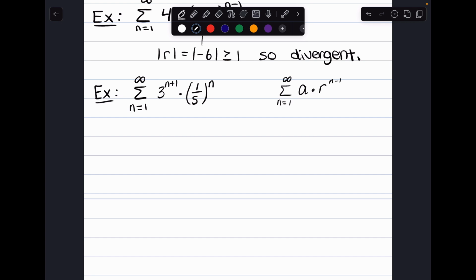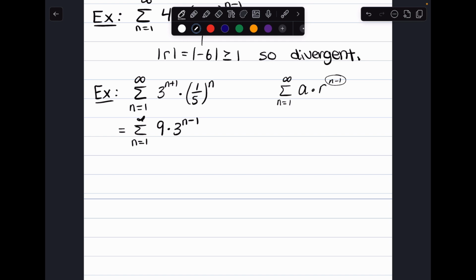What I would suggest is to take any number that has an exponent and shift it to where it is n minus 1, pulling out factors as needed. So for instance, this 3 to the n plus 1. If I pull out a factor of 9, I would end up having 3 times 3 times 3 to the n minus 1. So now I have that exponent of n minus 1.